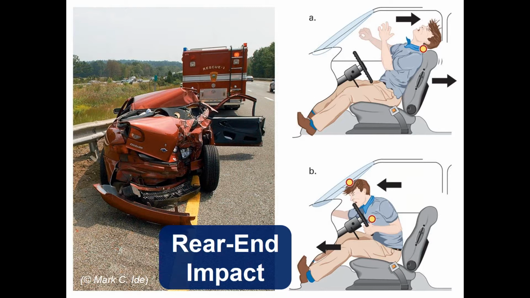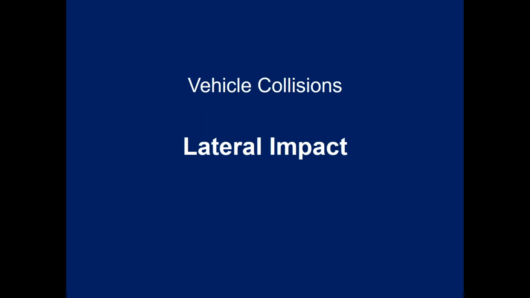So the injury patterns with a rear end impact are just as significant and every bit as much of a mixed bag, but just knowing the way that all of this kind of works and fits together will help us figure out the wheres and what fors.